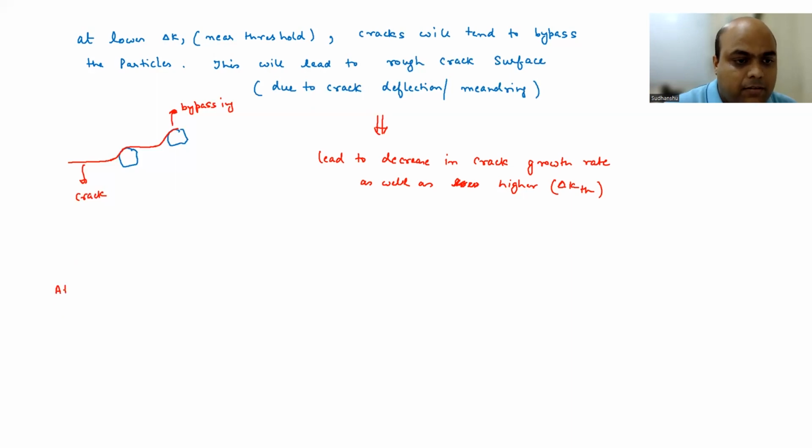So at higher delta K, particles can fracture ahead of the crack tip.